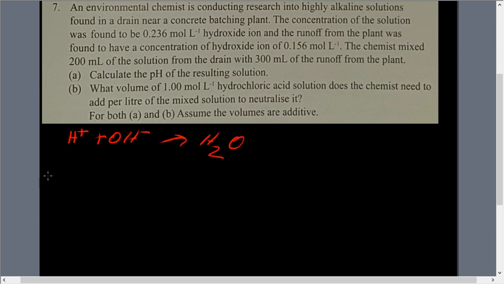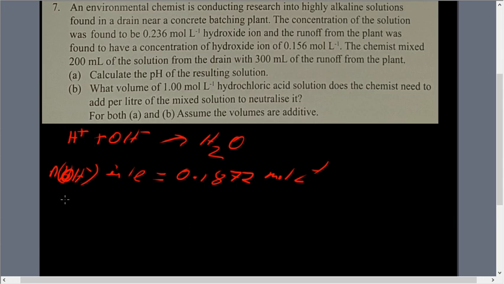Now, the number of hydroxide ions that we have in 1 litre, we already have figured that out as 0.1872. That's what moles per litre means. So what we are going to do with this one, we need the same number of hydrogen ions.